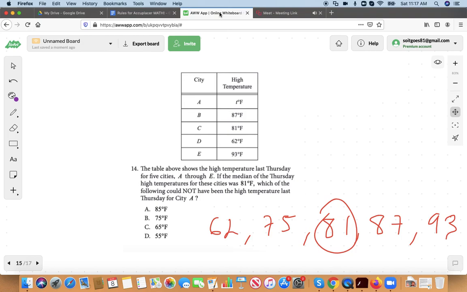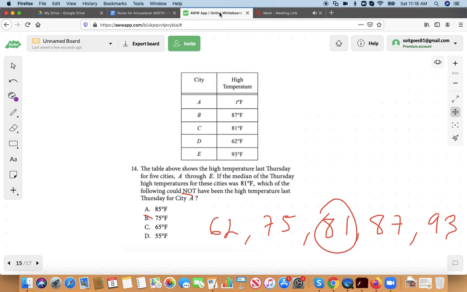And remember, we're looking for the one that could not have been the high temperature. It could be B, so B is not the right answer. That's a little bit confusing, right? A lot of kids are probably going to test A, see that it doesn't work, and say it can't be A. But no, we want the one that doesn't work. Does that make sense? Yes.